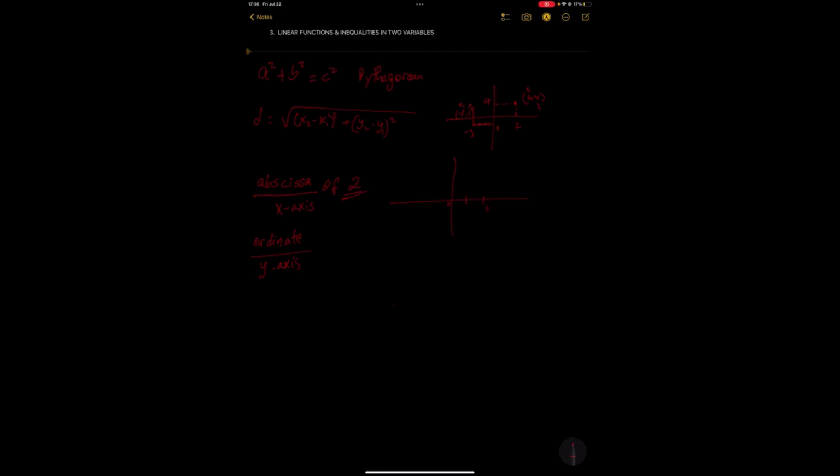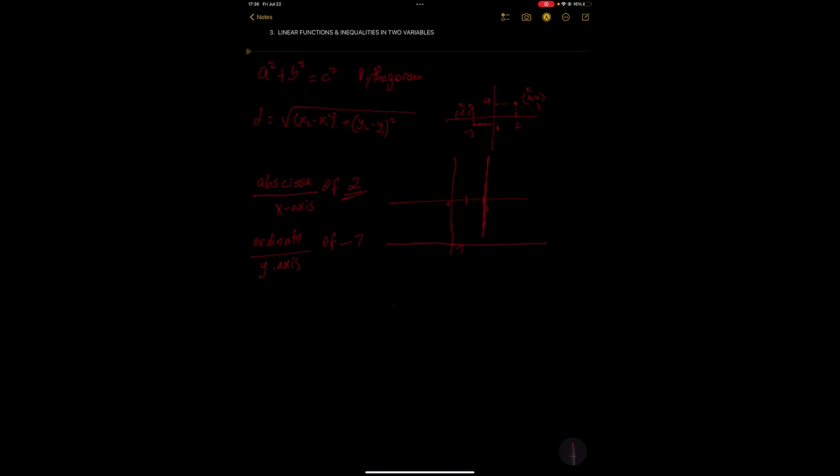Well, x equal to 2 is basically a straight line going up. This is x equal to 2. Let's do an ordinate of negative 7. Well, let's say this is right here, negative 7. Then the ordinate would be a horizontal line, and that will be the ordinate for negative 7.